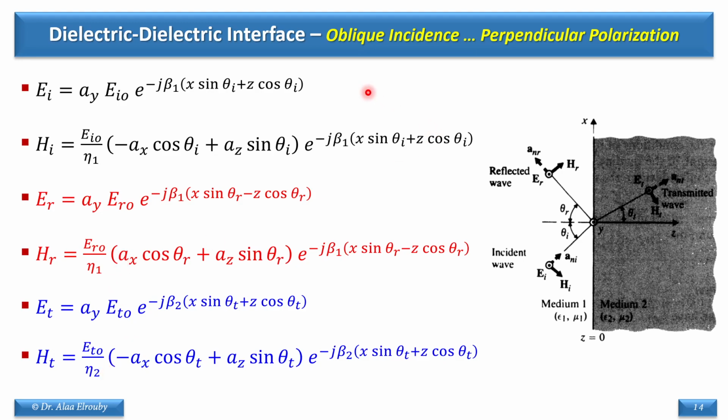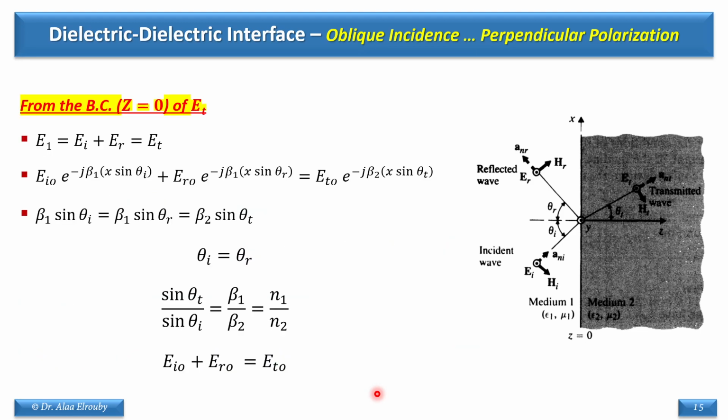So now we have written all the field components. Now we need to apply the boundary condition. In media number 1, we have E incident and E reflected. In media number 2, we have just E transmitted. So we write down the tangential electric field. Here the electric field is normal to the plane of incidence, but it is all tangential to the interface.